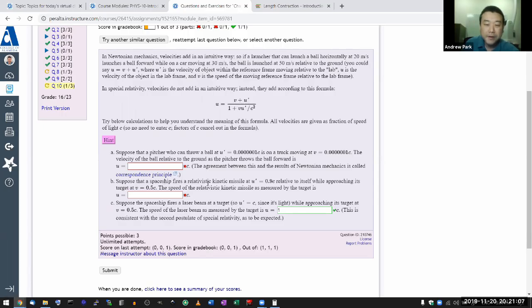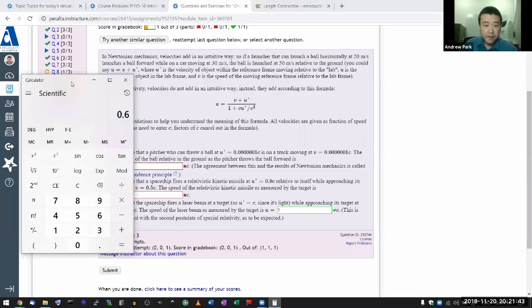So you have a relativistic kinetic missile, which is moving at 90% of the speed of light in the reference frame where it's fired. But the thing that's doing the firing is itself moving at the speed of 0.5 c. So pay careful attention to the symbols V and U prime and make sure you match how you are plugging that in here. I'm just going to start out with this factor here.